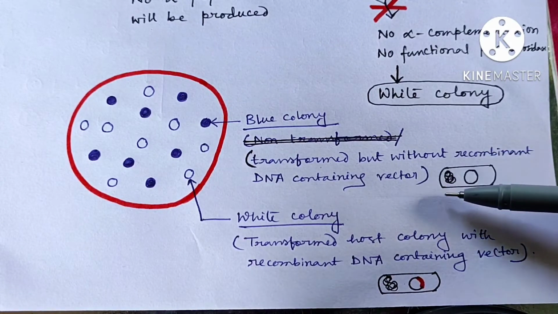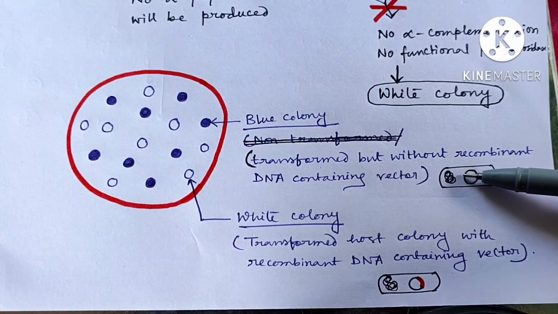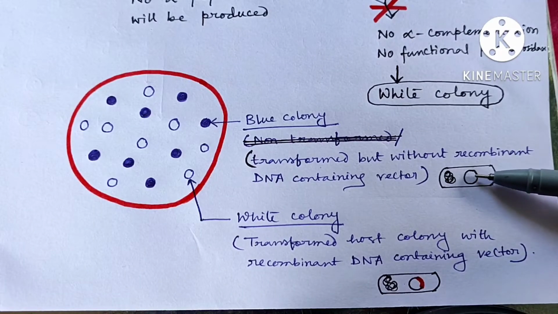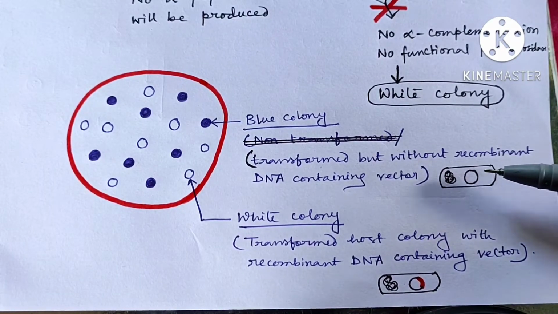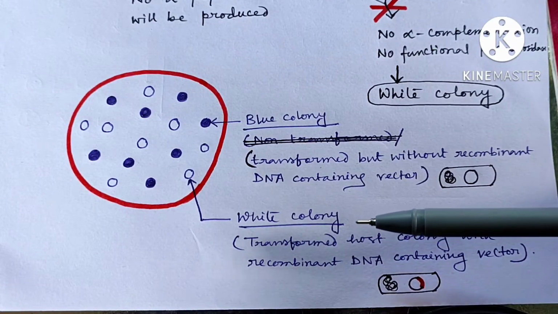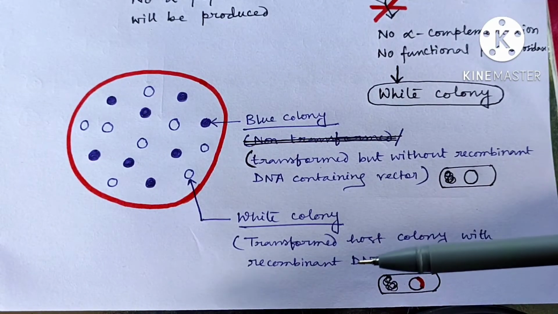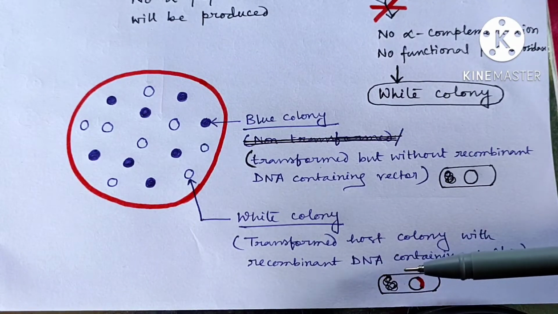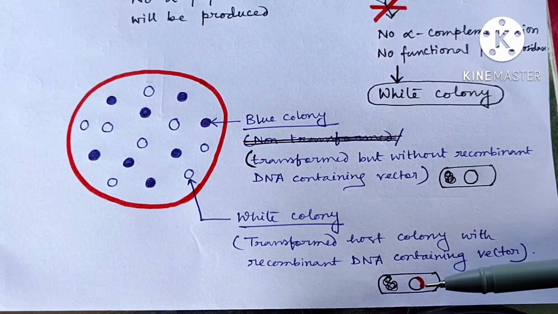That means they have incorporated the plasmid, but the plasmid has not incorporated the foreign DNA. And if you get a white colony, you may interpret that they are transformed host cells with a recombinant DNA containing vector. See here, they are the transformed host with a recombinant plasmid.